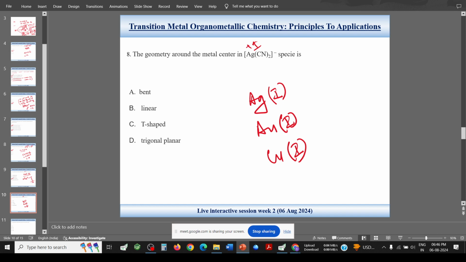So for silver, copper and gold, the coinage metals, in their plus 1 oxidation state, always remember they generally show the linear bonding mode.